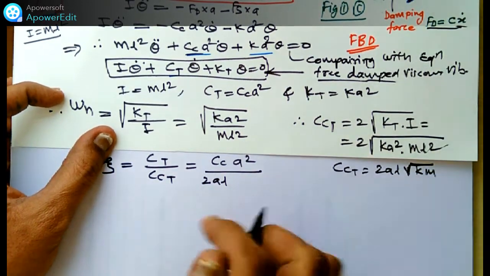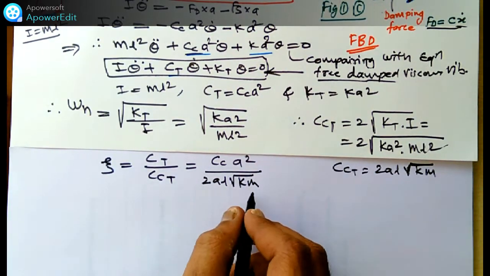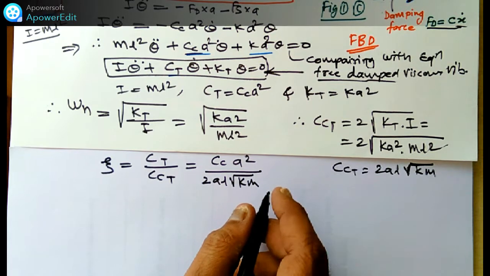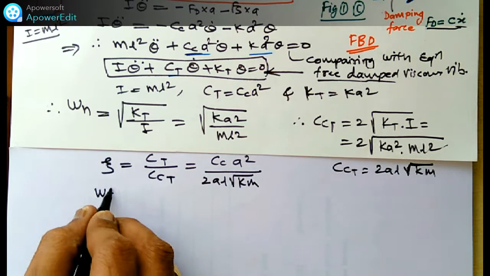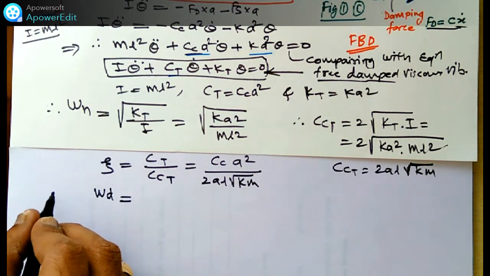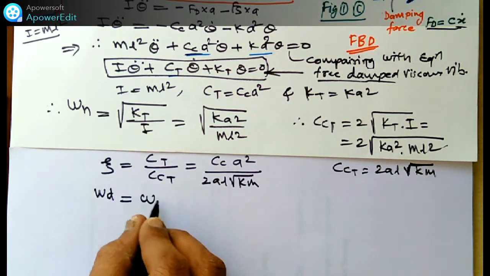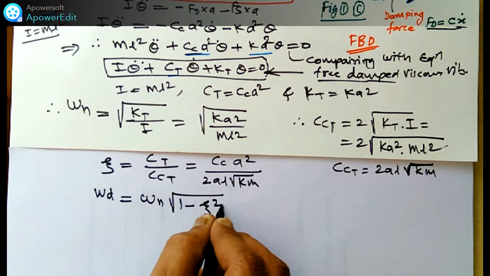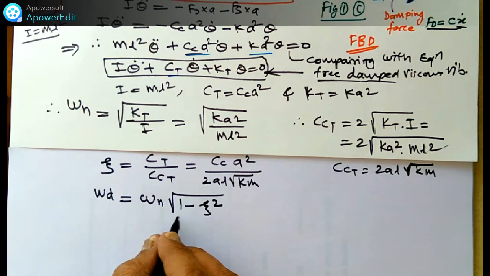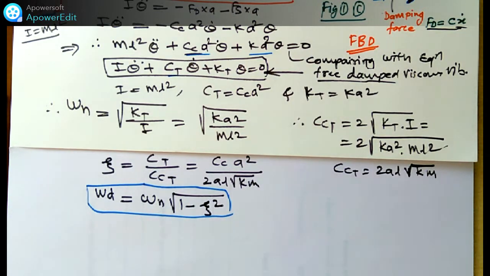Okay, from this zeta we will just find out, we can write this wd, the damped natural frequency, from these two values, omega n under root of 1 minus zeta square. This is the formula for your damped vibration. Putting the values of this in this equation, omega d, that is the damped equation.